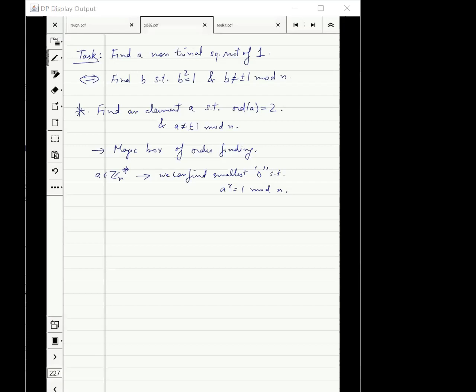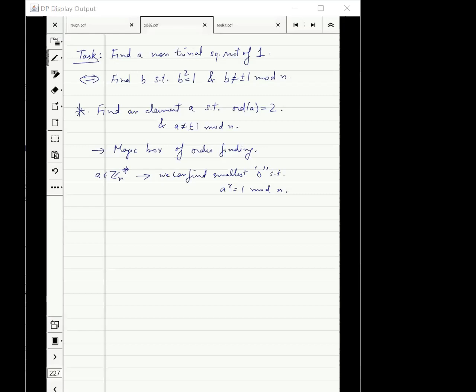I can't ask this magic box, give me an element whose order is 2. Do you agree? Do you see the difference between these two problems?